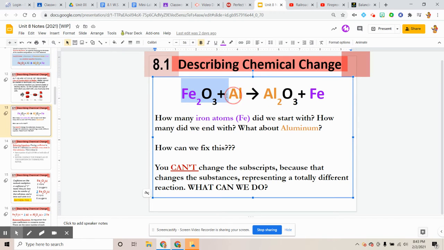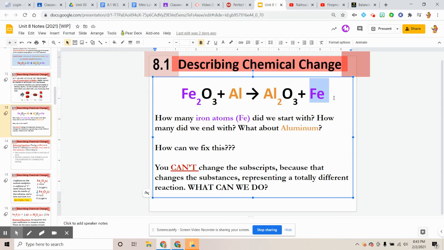This equation right here just tells us that we need iron(III) oxide and aluminum, and it tells us that we make aluminum oxide and iron, but it doesn't tell us how much of each we need. So this is not actually a complete recipe. Just look at this equation. We start off with 2 iron atoms and we end with 1 iron atom.